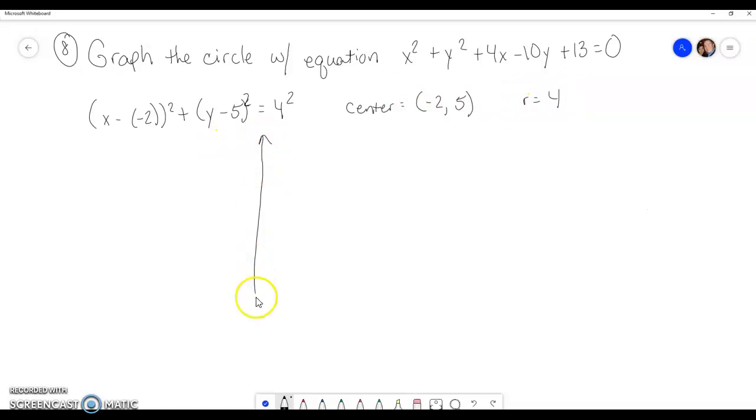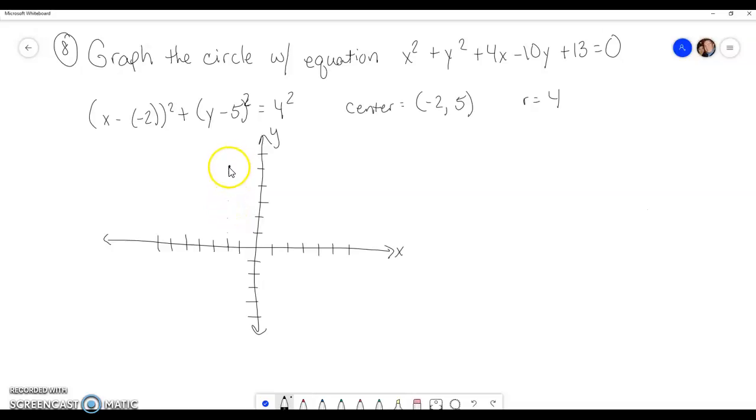Okay, so I draw my x and y axes, and I draw my little dashes. I'm going to start with my center. It's -2, 5. So I'm going to go over -2, 1, 2, and up 5. 1, 2, 3, 4, 5.